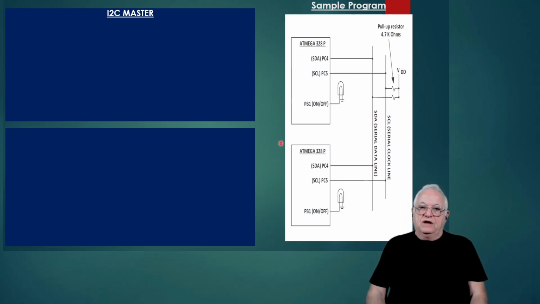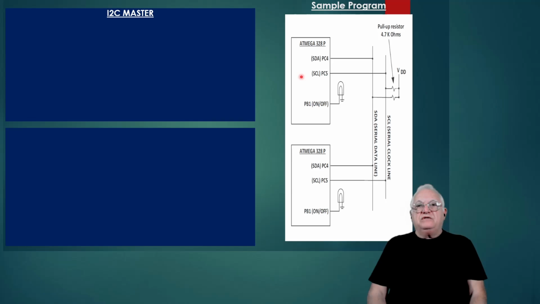So we have two microcontrollers connected to the I2C bus. Both of them have an LED, and they are connected to the SDA, both of them. So, kind of giving you an upfront idea, the master is going to tell the slave to turn the LED on and off 4 times, and then the slave is going to tell the master to do the same.